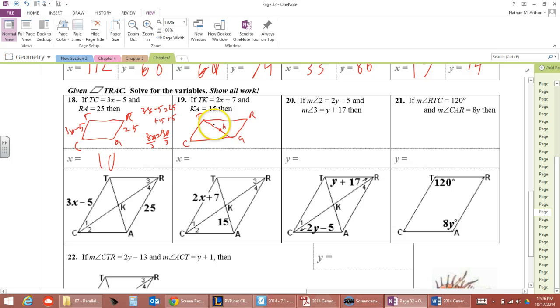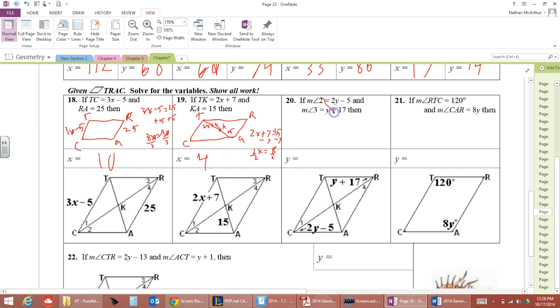Since they bisect each other, I know that 2x plus 7 is equal to 15. So 2x plus 7 is equal to 15, minus 7, minus 7. 2x equals 8. Divide by 2, x equals 4.